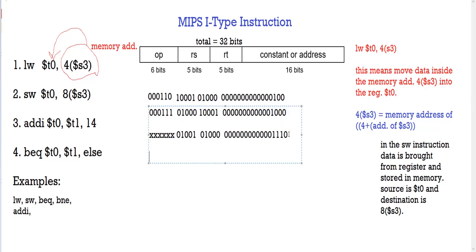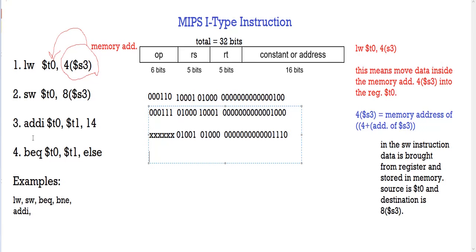Great. Now we can move on to our fourth one, BEQ. BEQ means branch if equal to. So you're going to be learning how to use BEQ and BNE. BNE means branch if not equal to in the next tutorial, where we're going to learn how to code in the MIPS instructions.